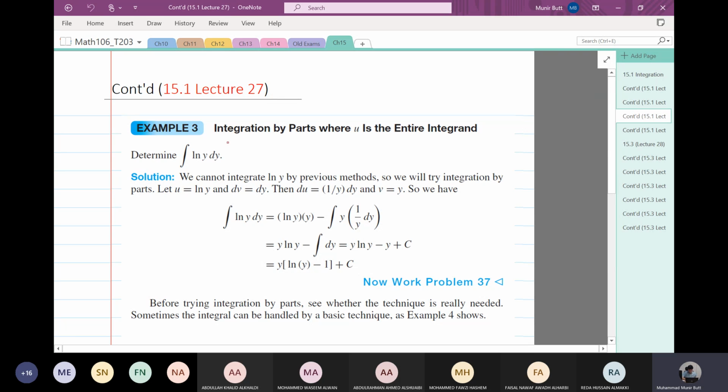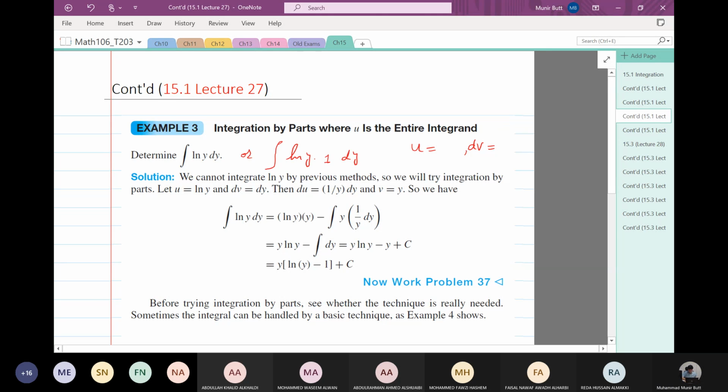He just asked us to find the integral of ln of y dy. So here there is no other function, but you can write it as ln of y times 1 dy, and then you select u and dv. Now any idea what will be the first function, what will be the second function?